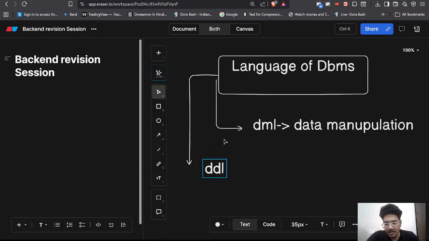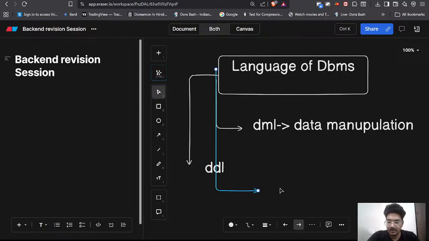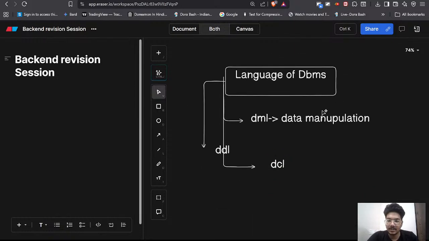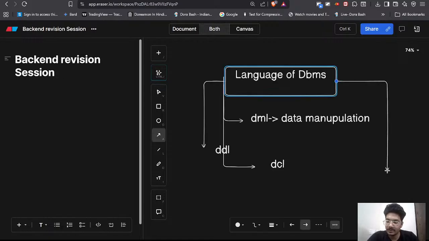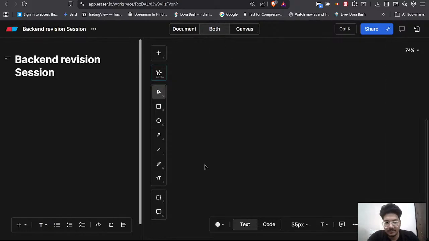After that, we have to know about DCL, data control language. After that, we have to know about TCL, transaction control language. Let's first know about data manipulation language.